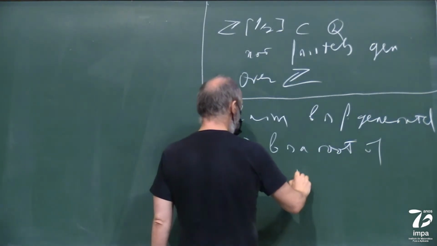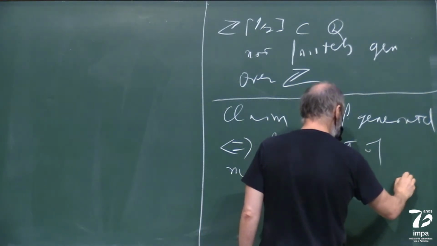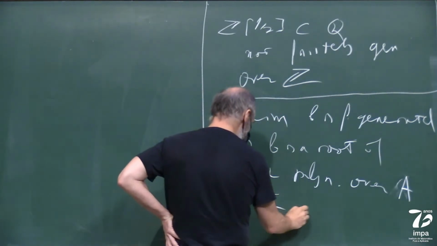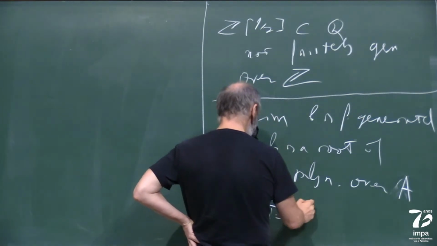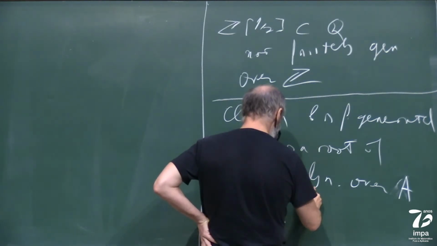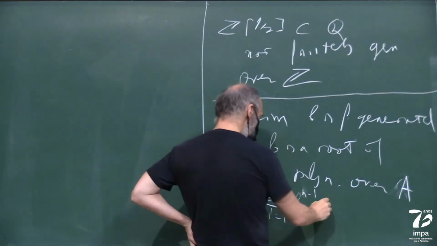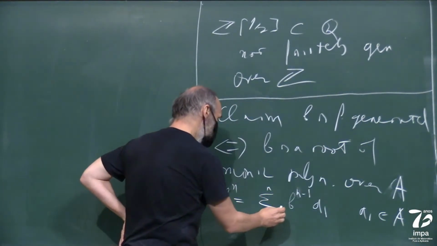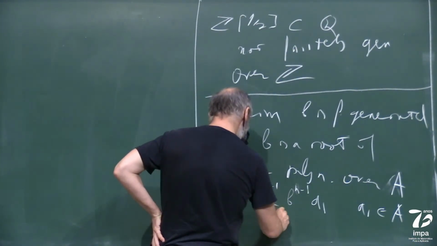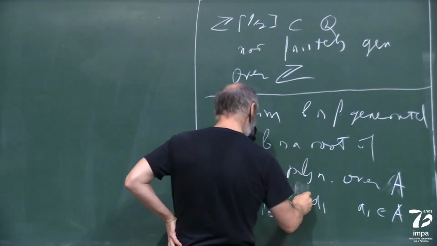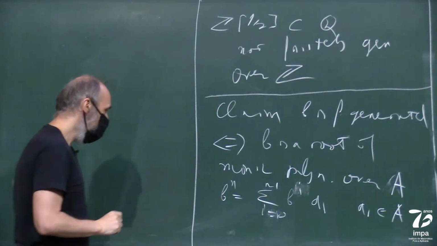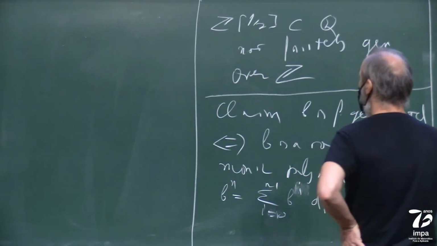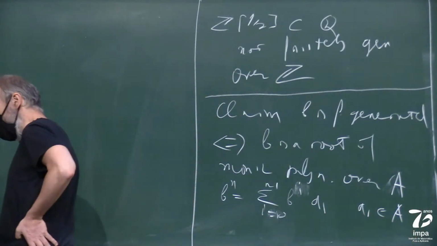Monic polynomial over A. In other words, you have b^n equal to the sum from i equal 0 to n-1 of a_i b^i, where a_i belongs to A. So this explains the meaning of finite generatedness.